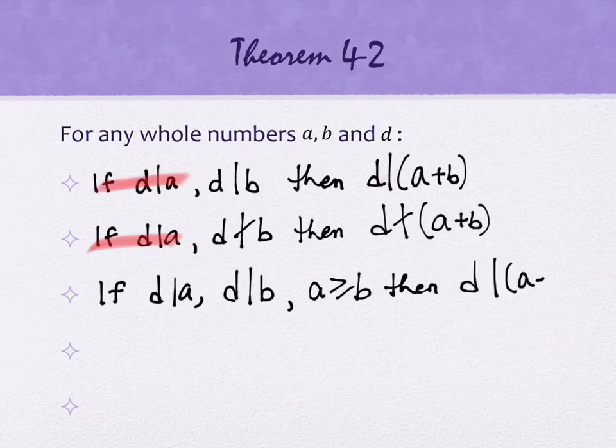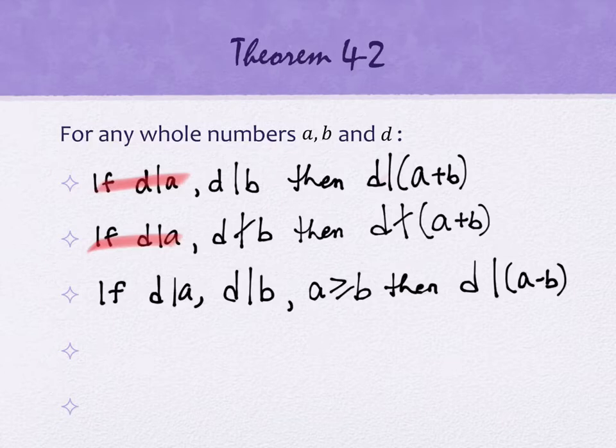So D divides A minus B. Whatever the value is that's bigger, minus the smaller one, because we are still working with whole numbers. We are still in the whole number system in all of Chapter 4. When we get to Chapter 5, we'll expand our universe a little bit, but right now we're still working with whole numbers. We still want to talk about whole number division. So again, 2 divides 10, 2 divides 6. 2 is going to divide the subtraction of 10 minus 6. 2 divides 4, right? So it's going to work.